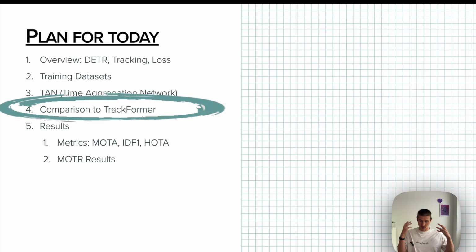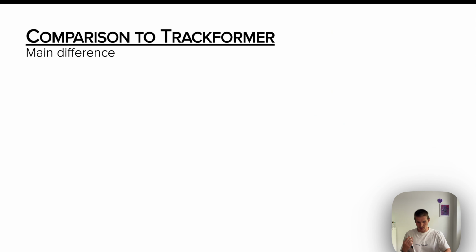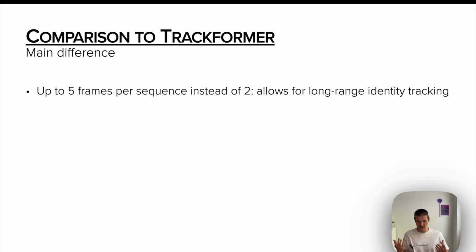Now let's go over the main differences and similarities between MOTR and TrackFormer. The first difference is that we actually train on up to 5 frames per sample, instead of just a single image, aggregating information from the previous image as well.